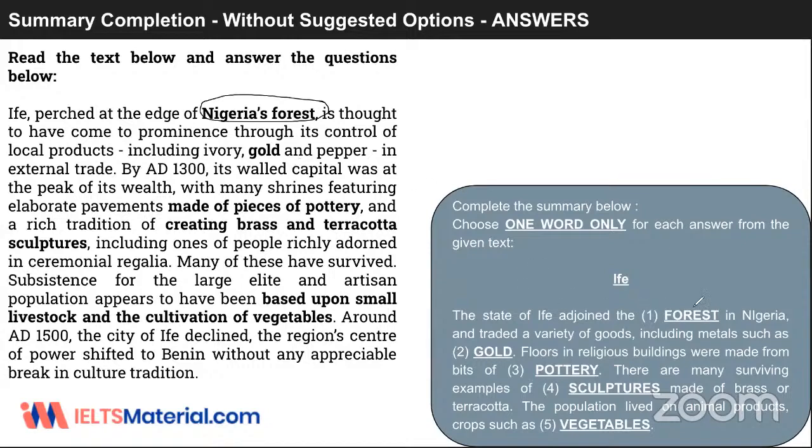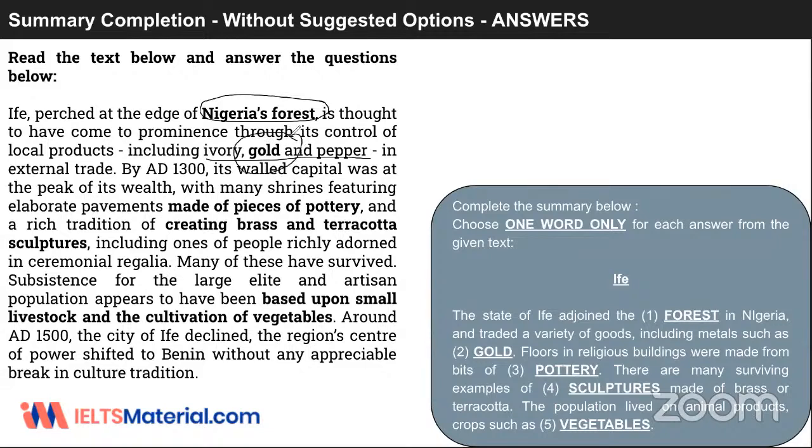Now let's come again. Here, if you see the next part, and traded a variety of goods. When you talk about the variety of goods, these are the goods: ivory, gold, and pepper. Ivory is not a metal. Pepper is also not a metal. So when I have to consider a metal, I would say gold, right?